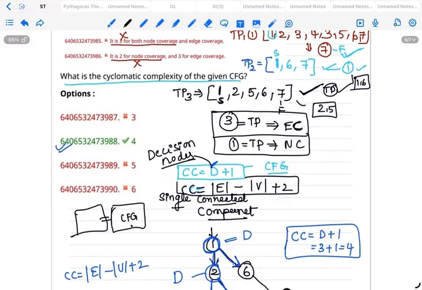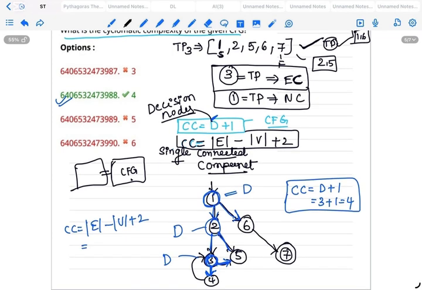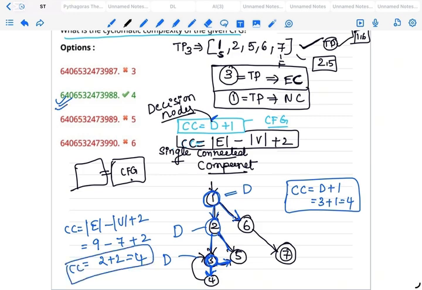So 9 edges minus 7 vertices, 1 to 7, plus 2, that is 4. Both are the same, so the answer for this question is the same. You can use either one, but be careful: the control flow graph must be in only one component if you apply this formula.